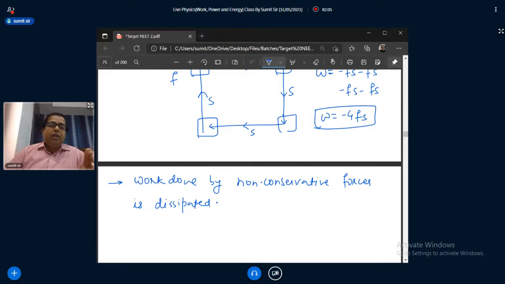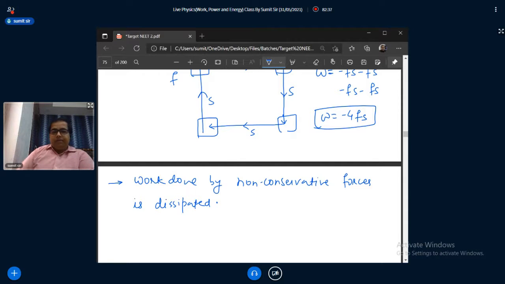For example, when you rub your hands, the heat energy which is generated, you cannot utilize it. You cannot use this heat to boil your water or make tea or anything else. This heat is dissipated. Such dissipation occurs when the work is done by non-conservative forces.